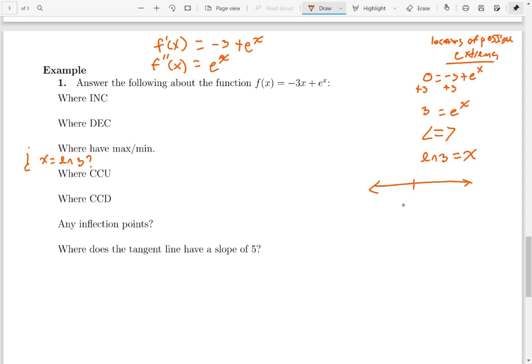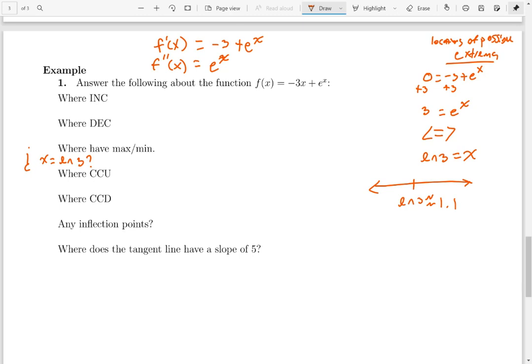If I cut up the number line and I write the natural log of 3 here, that's where I'm going to cut up the number line. If we don't know where the natural log of 3 is, then luckily our calculators have a natural log function, and the natural log of 3 is approximately 1.1. That's close enough for all intents and purposes, so I'm going to pick a value to the right of 1.1, and a value to the left of 1.1.